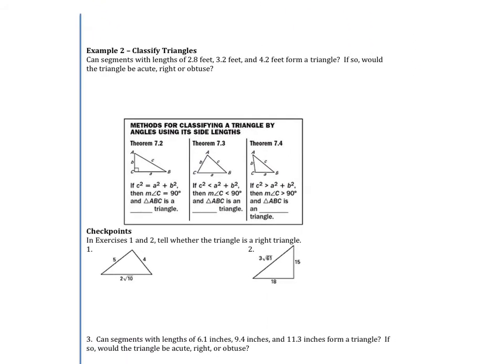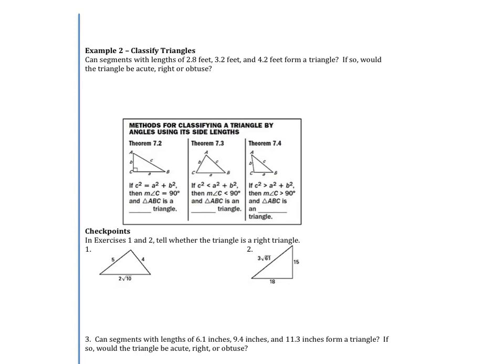So if we scroll down to example 2. Example 2 says, can segments with lengths 2.8, 3.2, and 4.2 feet form a triangle? If so, would the triangle be acute, right, or obtuse?